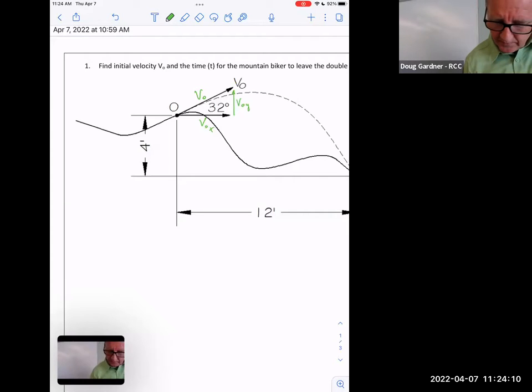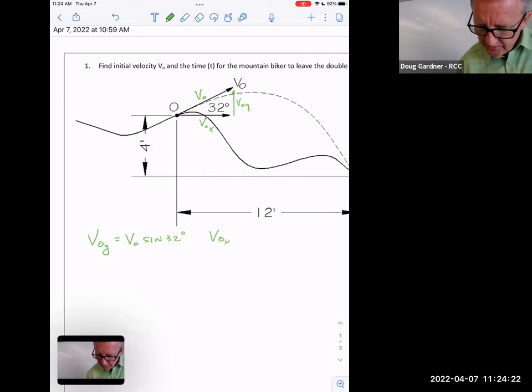So does it make sense to you that v of o in the y direction would be the actual velocity times the sine of 32 degrees, and that initial velocity just in the x direction would be the same thing except with cosine? Now, by itself, that's not necessarily very helpful because I still don't know what the initial velocity is. But let's take a look at those equations.